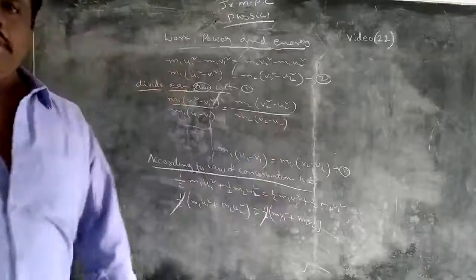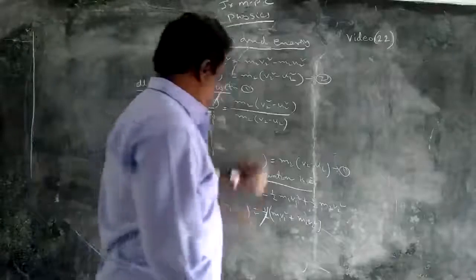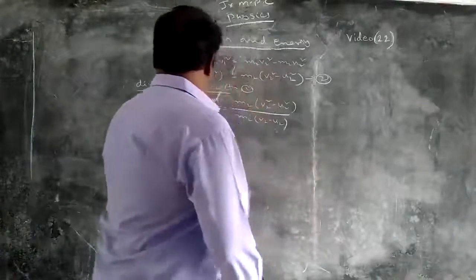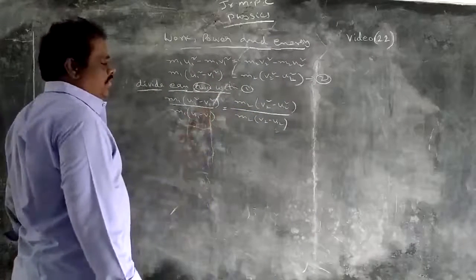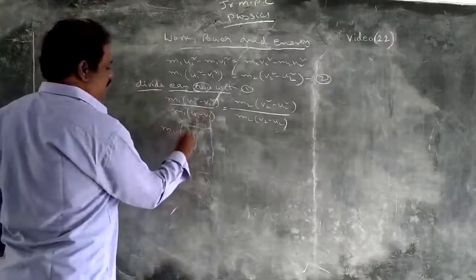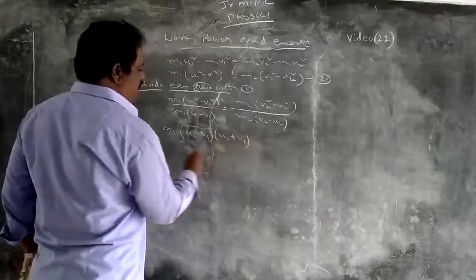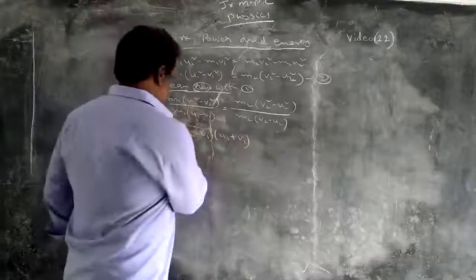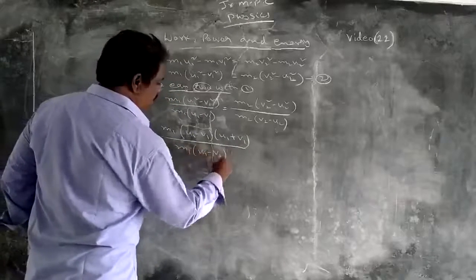So this will be written using a squared minus b squared equals (a plus b) into (a minus b). Write it as (u1 minus v1) into (u1 plus v1), divided by m1 of (u1 minus v1).